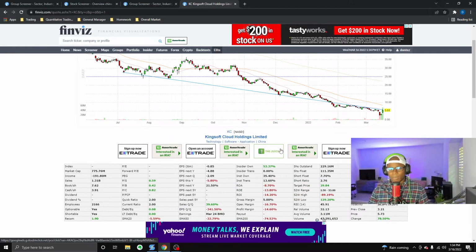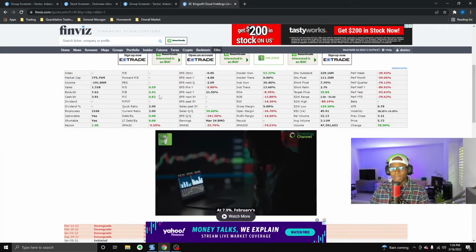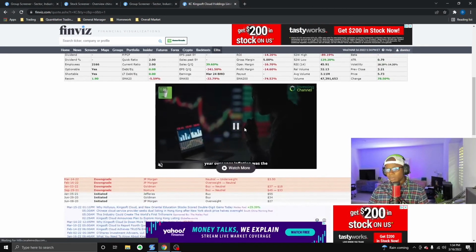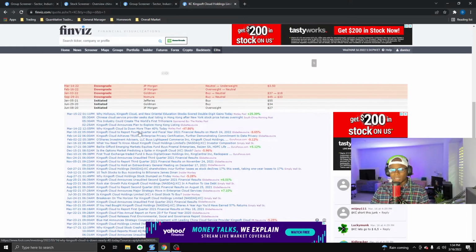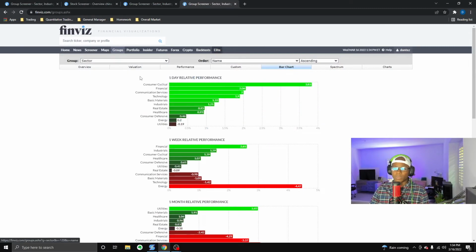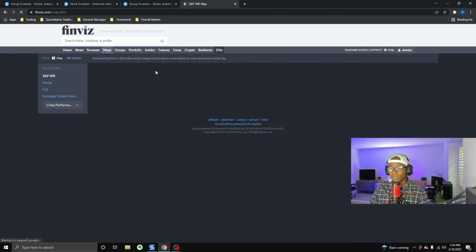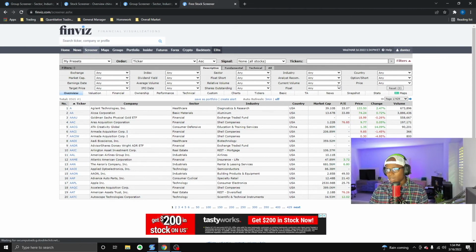Now, how does this all come back to Finviz? We found the starting statistics in the morning for Finviz. During the afternoon, we looked at what kind of news is related to it, and overall, how it relates to the market by looking through the groups. You can also do the same thing through maps. And me, I like to play with the scanners a lot.